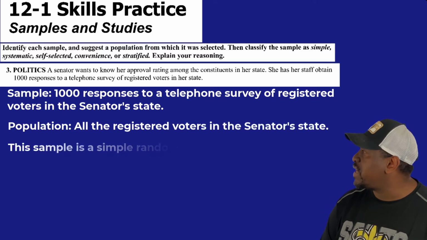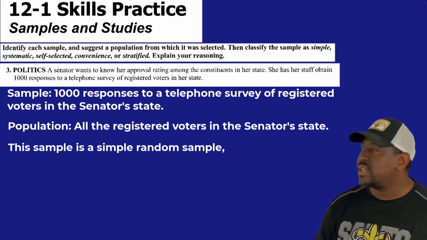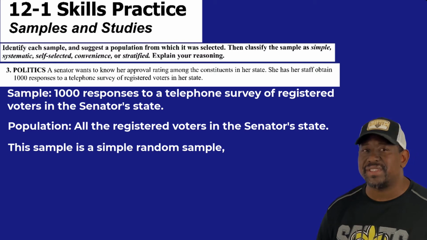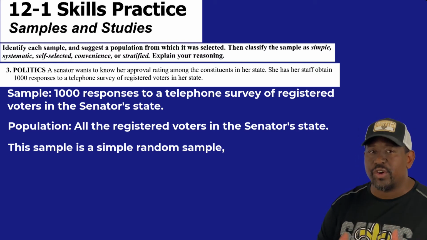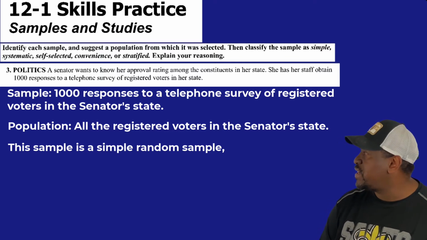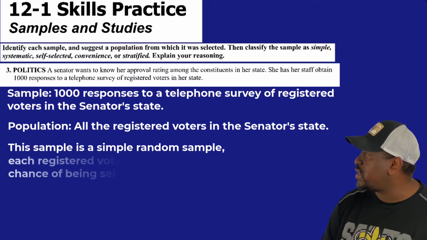This sample is a simple random sample because each registered voter in the state is randomly selected. There's no narrow group that you deal with like in the other examples. It's just a random picking of registered voters in her state.